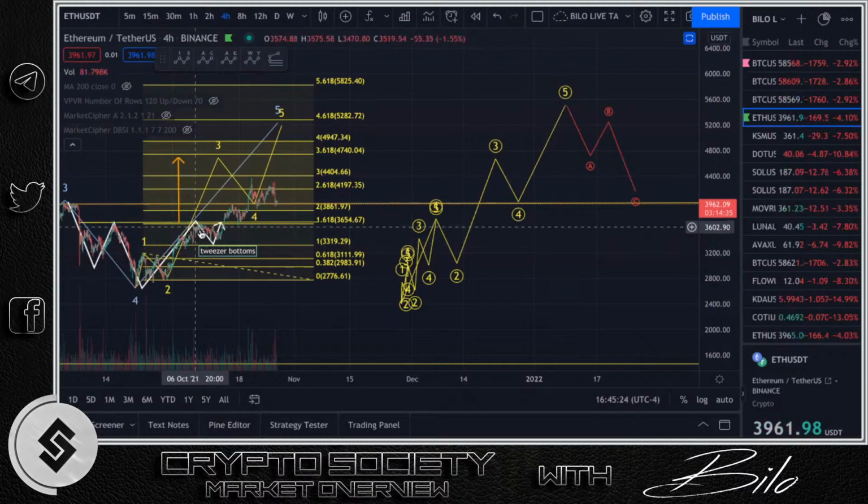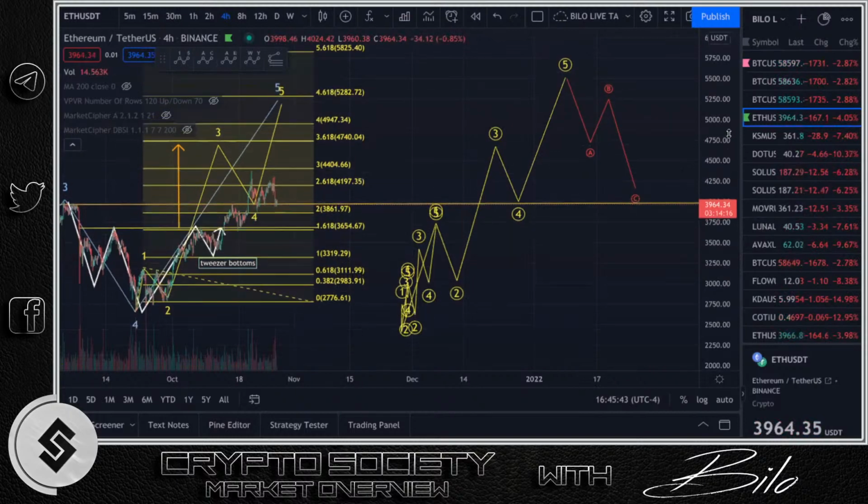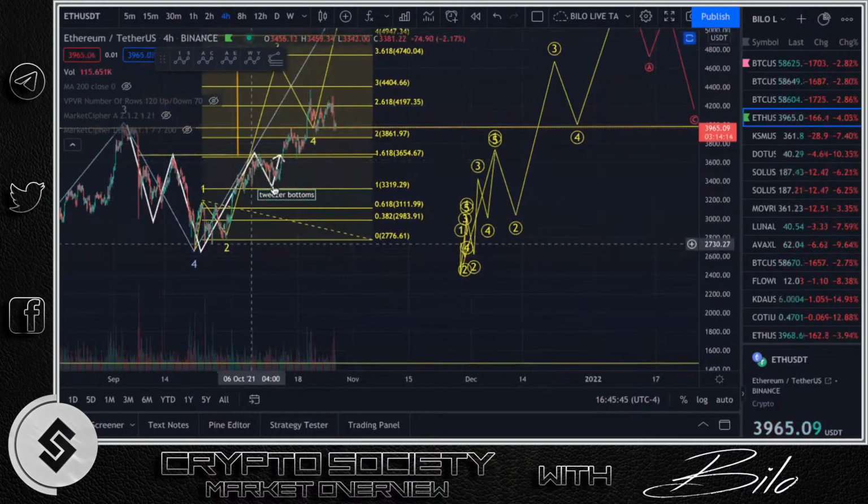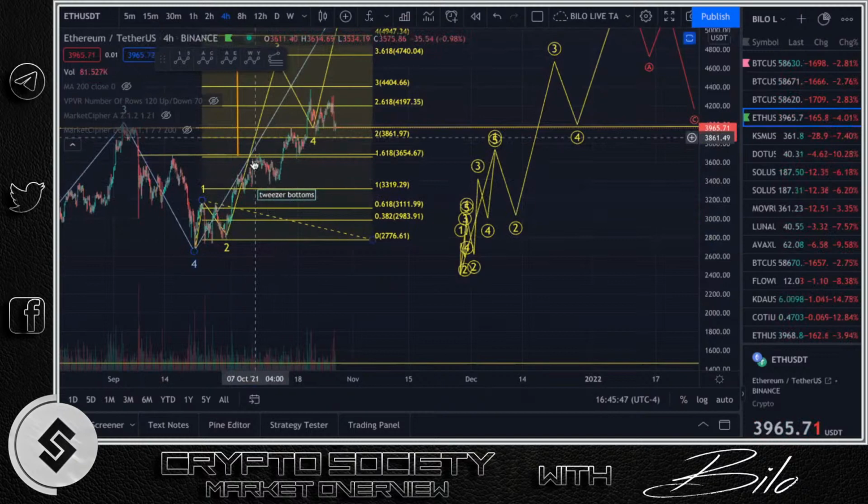So I would have 1, 2, 3, 4, 5, and here we had a correction. So my target of wave 3 is not going to be met, and I wanted to explain to you why. It's because I actually counted my 5 waves. They're gone. So I'm going to erase all this, and we're going to count together.